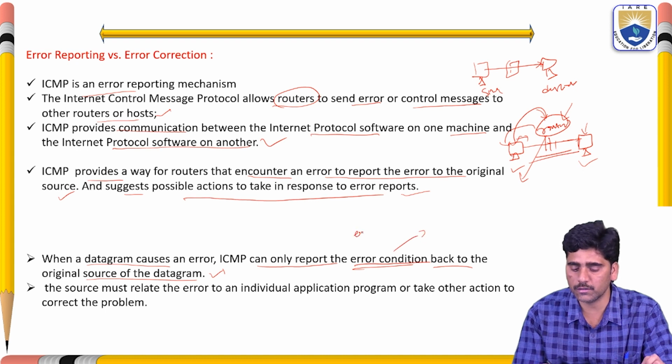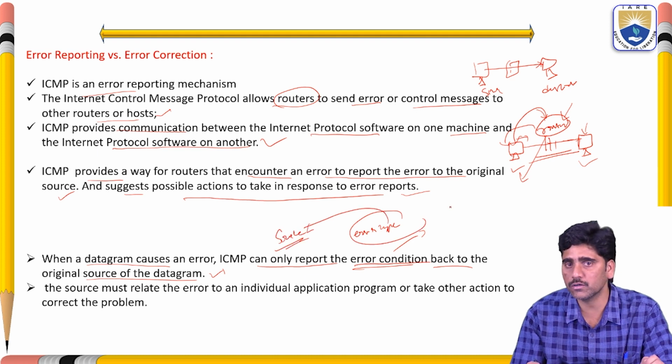What are the error types and what are the error conditions that have to be informed to the source side? Who is this information given to by the ICMP protocol? The source host.